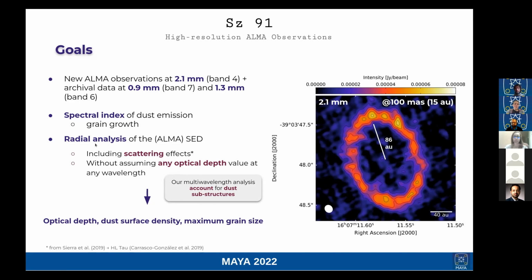We also make a radial analysis of this ALMA SED, including a model that includes scattering effects and also optical depth effects, to be able to estimate simultaneously the optical depth, the dust surface density, and also the maximum grain size in this ring of dust.